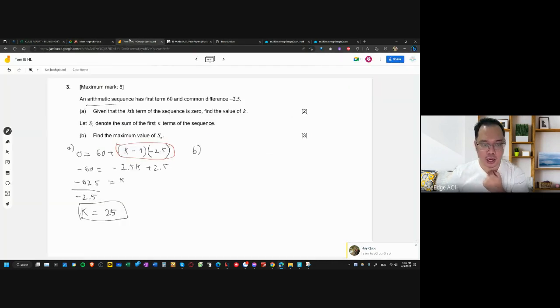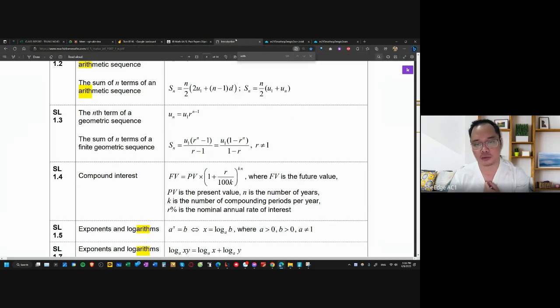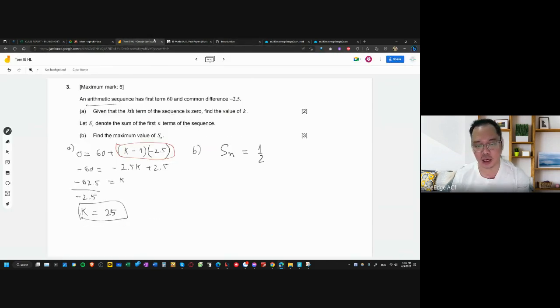Write the equation for the sum there, which is n over 2 of the first term, which is 60, and the nth term, which is 60 again, added with n minus 1 times the common difference 2.5.